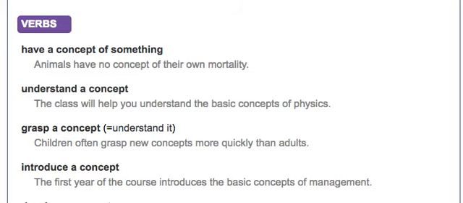The class will help you to understand the basic concepts of physics. Grasp a concept means understand it. Children often grasp new concepts more quickly than adults. Introduce a concept. The first year of the course introduces the basic concepts of management.